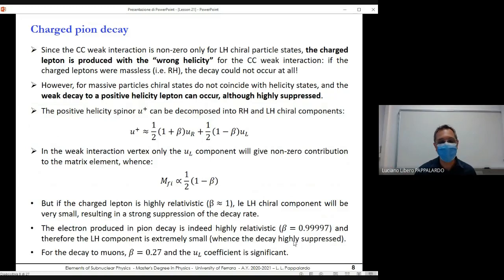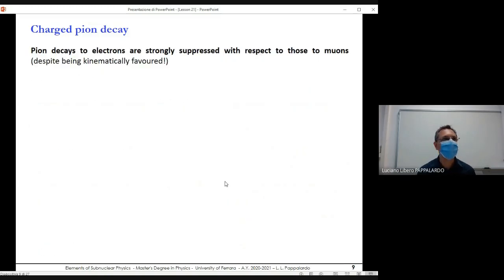The electron produced in the decay is highly relativistic with a beta of 0.99997, and so this object is essentially 0, and that's why we don't observe the electron decay, although it is kinematically favored. For the muon, which is more massive, the beta is only 0.27, and we do have some chance to decay. So now hopefully it is understood why the pion can only decay essentially to the muon channel.